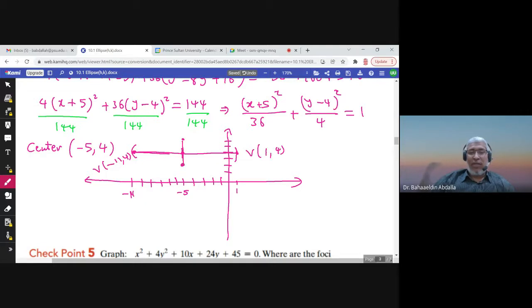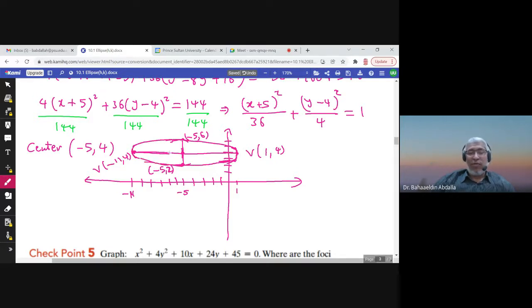So this is the minor axis, and the endpoints of the minor axis would be -5 and 2, and -5 and 6. And you can sketch the graph of the ellipse. So this is the ellipse.